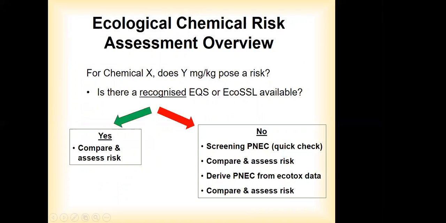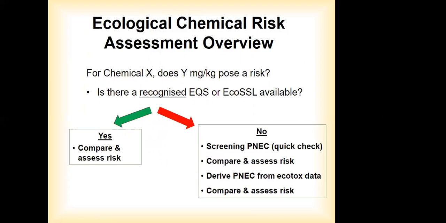So if we're going to do a chemical risk assessment, let's step back and think about what is in the person's mind. If you are in charge of a site and you need to remediate it, or you are regulating the use of a chemical, you have to ask yourself, does chemical X cause a problem at concentration Y milligrams per kilogram? Does it pose a risk?